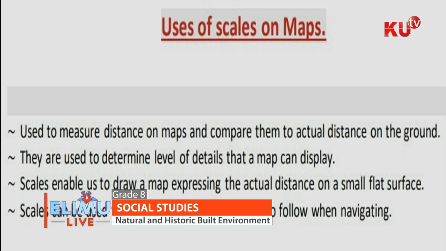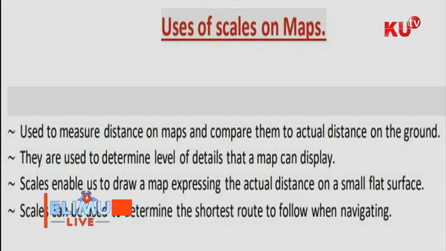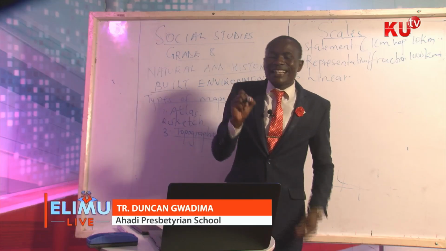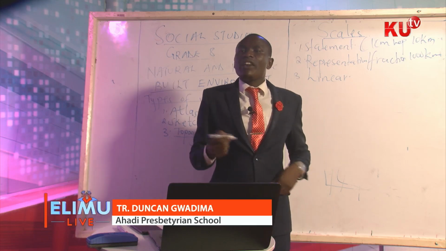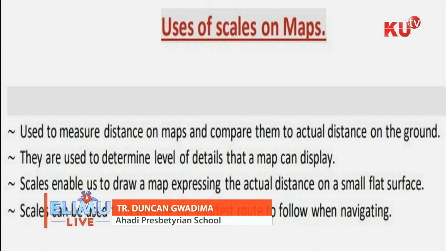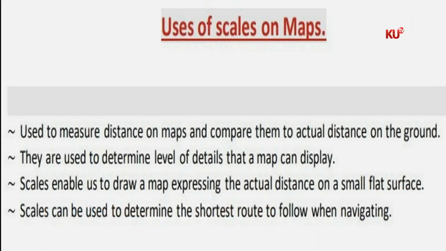The scale helps us to reduce the bigger surface into a small flat surface. And lastly, scales can be used to determine the shortest route to follow when navigating. When you want to navigate, the scale helps us to determine the shortest route we can follow.